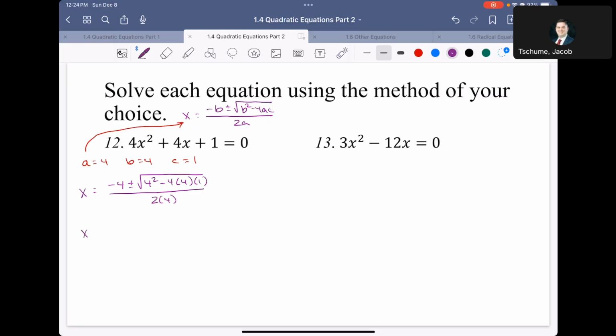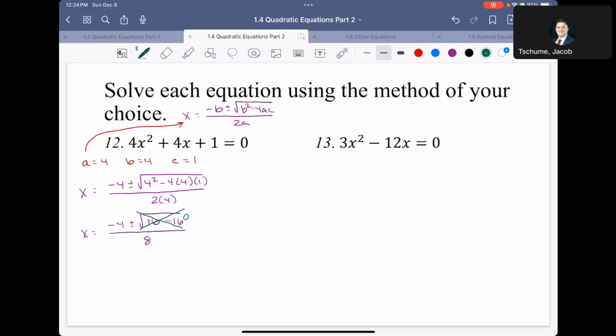If I were to simplify this, this would be negative 4 plus or minus the square root of 4 squared, which is 16, minus 4 times 4 times 1, which is 16, over 2 times 4, which is 8. And voila, this came out very nice because 16 minus 16 is 0, and the square root of 0 is just 0. So I can cancel that part out.